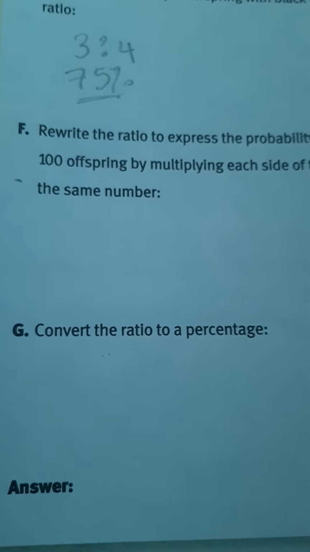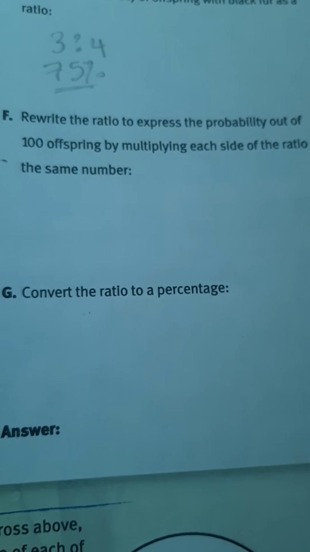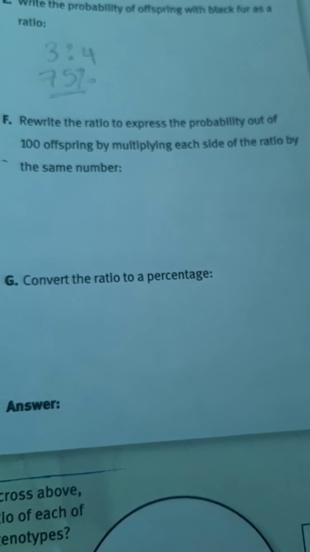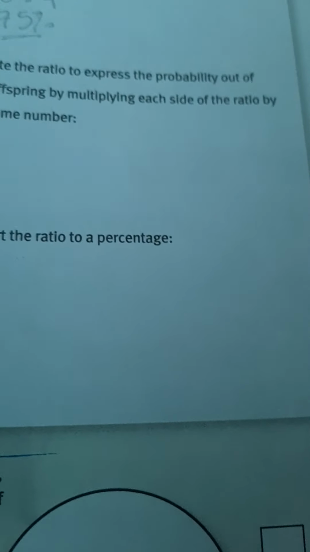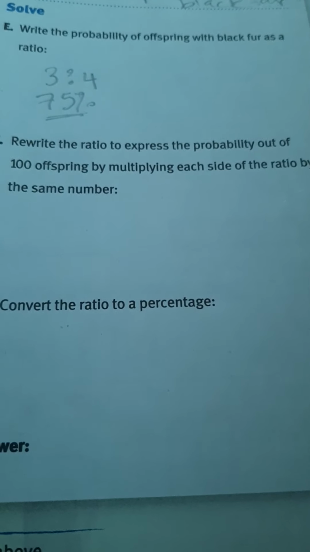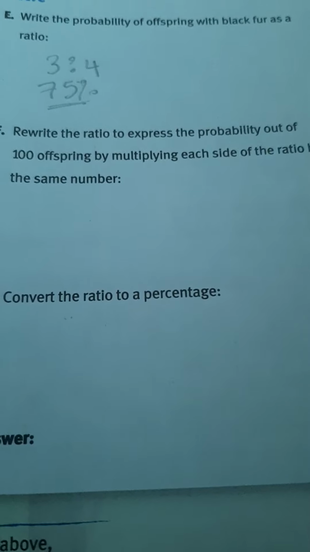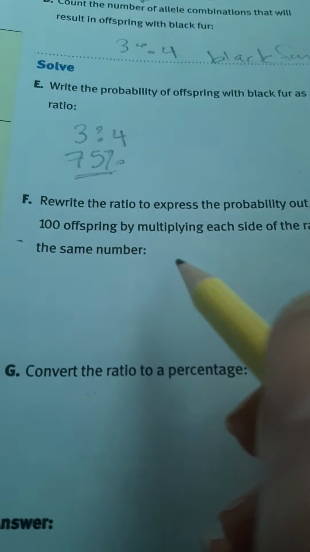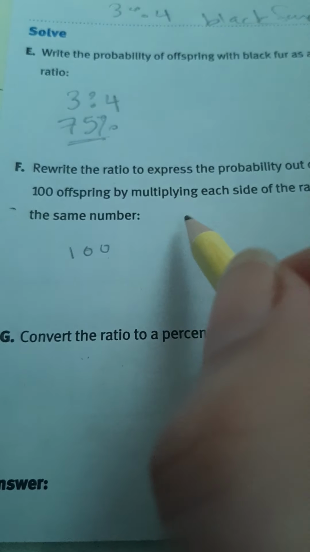Rewrite the ratio to express the probability out of 100 offspring by multiplying each side of the ratio by the same number. Now we have 100 offspring.